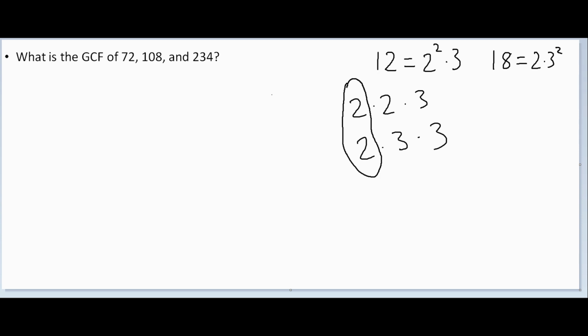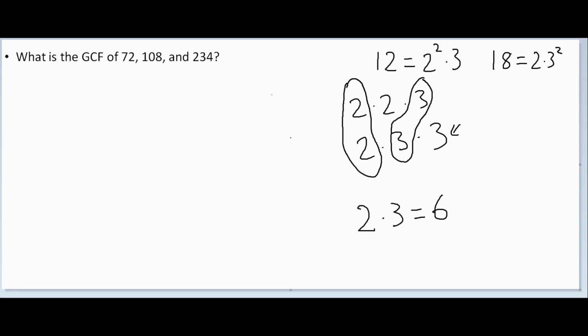And now this 2 doesn't have a partner in 18 to go with, so we can't circle that 2. They also have at least one pair of 3's in common, but this 3 doesn't have a partner in 12, so we can't circle that 3. So they have one pair of 2's in common and one pair of 3's in common, so 2 and 3 are the only common sets of prime factors, so that gives us the 6 that we got before by listing out the factors.